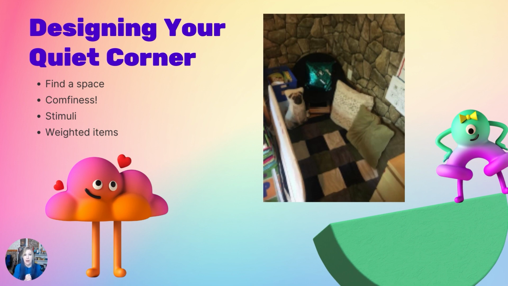So now you have your comfy, cozy space ready. There's some nice tactile stimuli, sensory stuff in there. And you want to add some helpful tools as well for your child. So this is where we are helping them learn how to emotionally regulate by providing the tools up front.